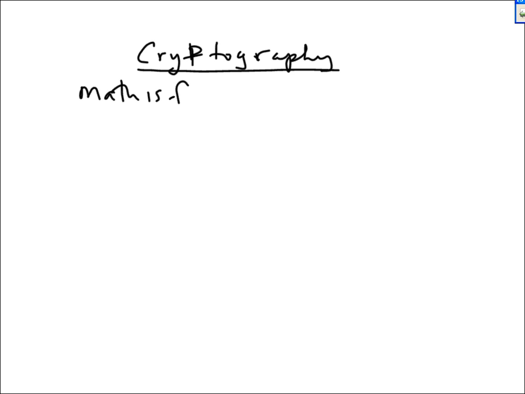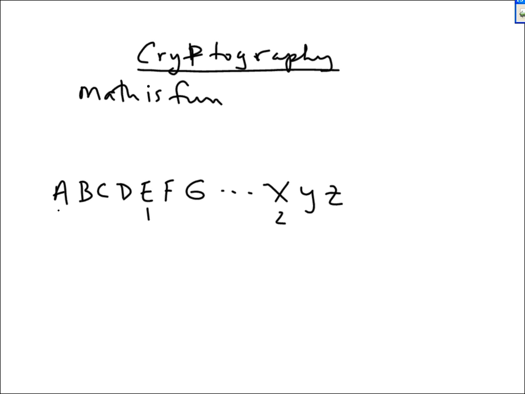Math is fun. And what you can do is, you can write down every letter of the alphabet. A, B, C, D, E, F, G, all the way down to X, Y, and Z. There are 26 letters in the English alphabet. And you can put 1 here, and 2 there, and 3 there, all the way down to 26.